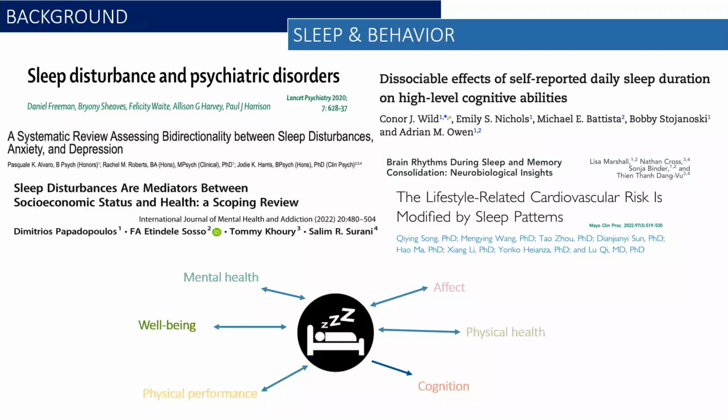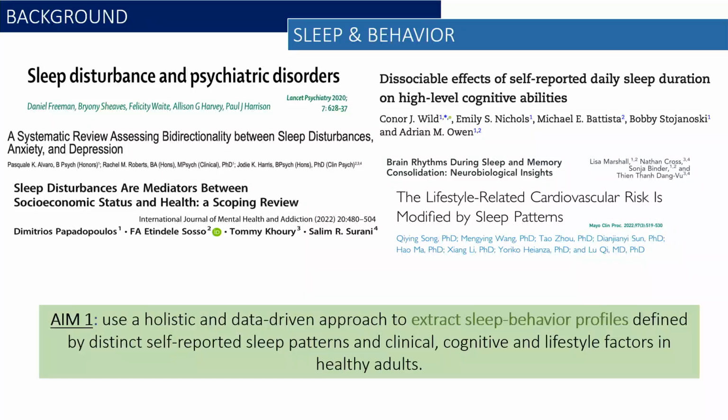And while there are many studies on it, it's often single association studies that will show links between sleep and memory consolidation, sleep and depression, sleep and cardiovascular risk, etc. Or they even just focus on one dimension of sleep, such as sleep duration or sleep satisfaction.